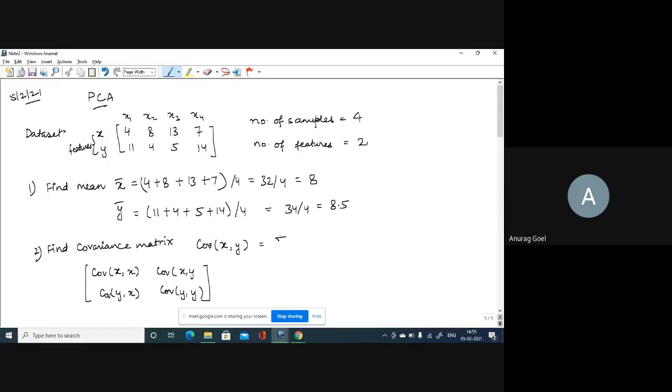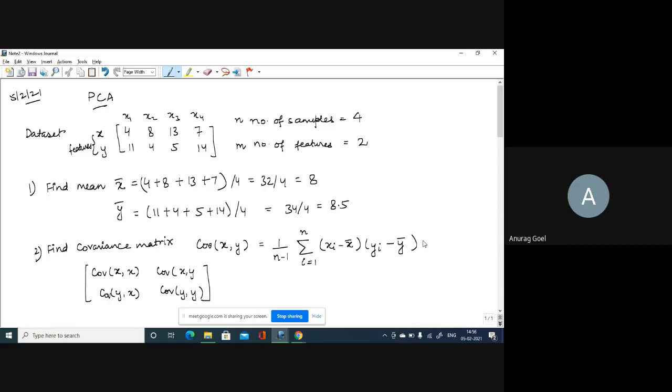Let's say for x comma y, the formula is 1 by number of samples minus 1. So this is n. So 1 by n minus 1, summation i equal to 1 to n, xi minus x bar into yi minus y bar.